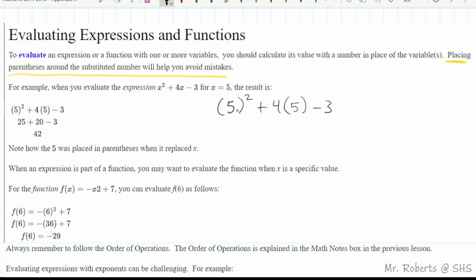I'm going to square the 5, that gives me the 25. 5 times 4 is plus 20, and then I'm going to subtract 3, so we get an answer of 42. You can see the same work there. Note how the 5 was placed in parentheses when it replaced x. That's solid advice. That is a good bit of advice.